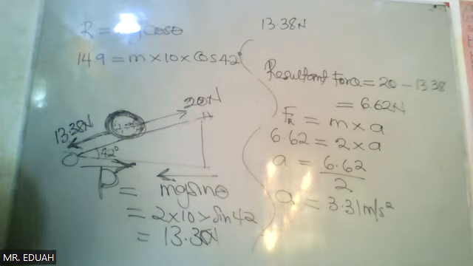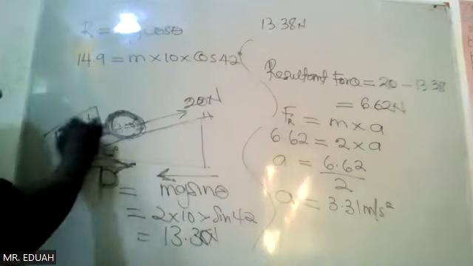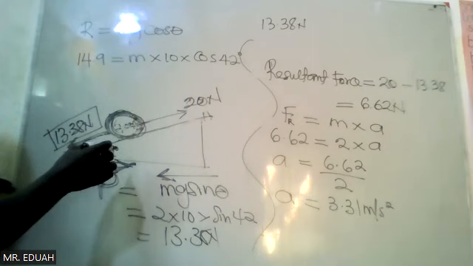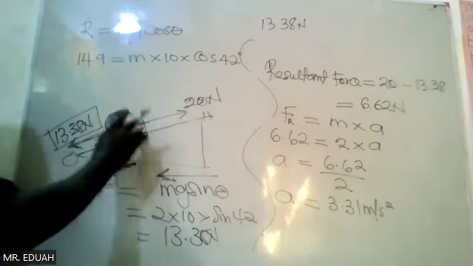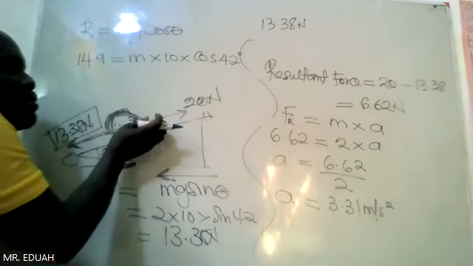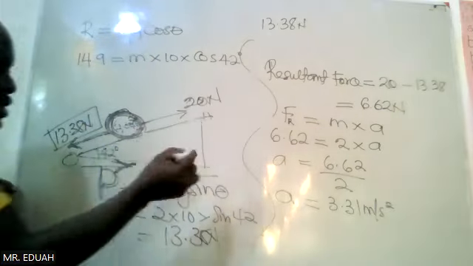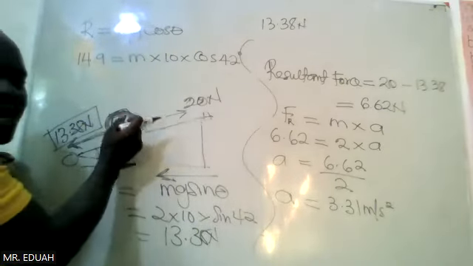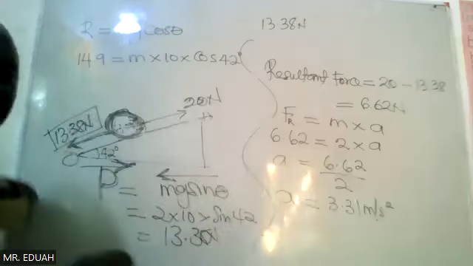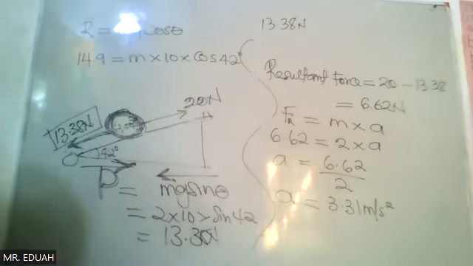This is natural, always existing. This is an inclined plane, but the mass is now being pulled up the plane by this force. So when it is being pulled up the plane, find the resultant force now.